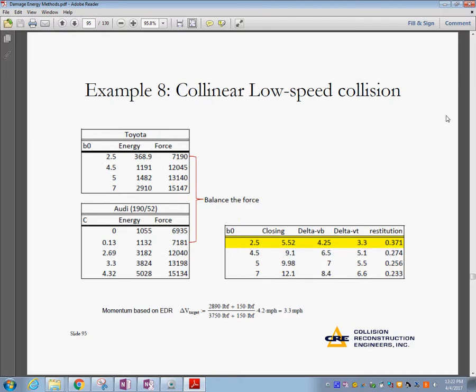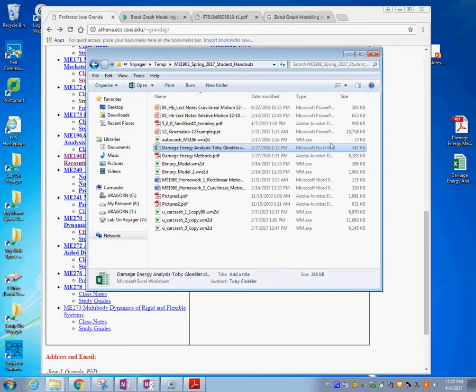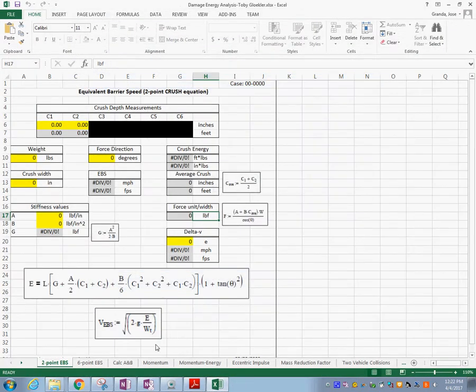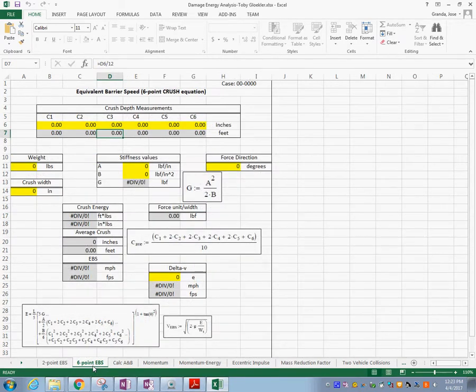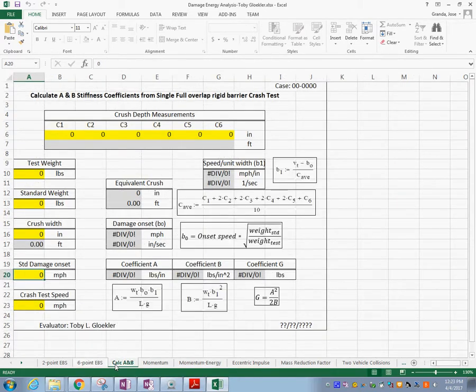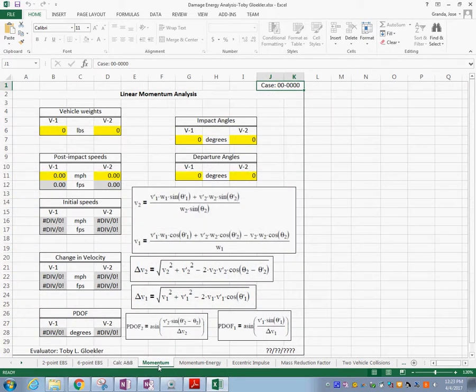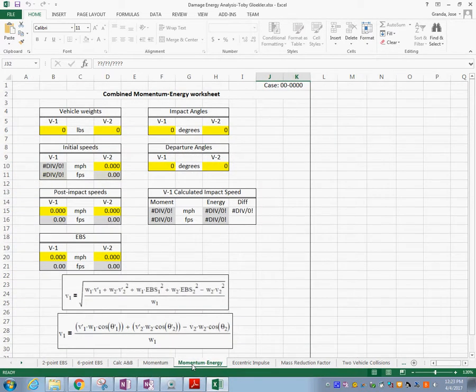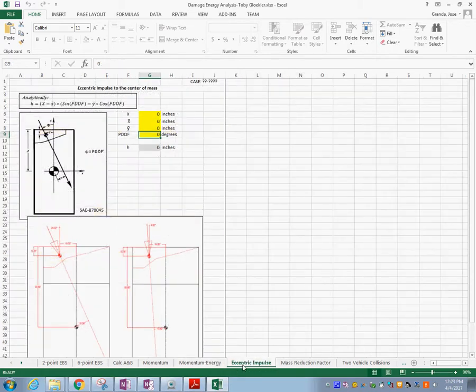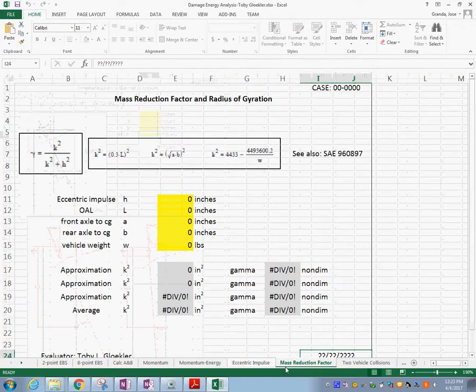So if you plug this in here in the spreadsheet that I show you, I gave you that spreadsheet, that was part of what's in the temp folder. Toby has several of these to help us implement those calculations. So there are all these equations that have been calculated on the PDOF.